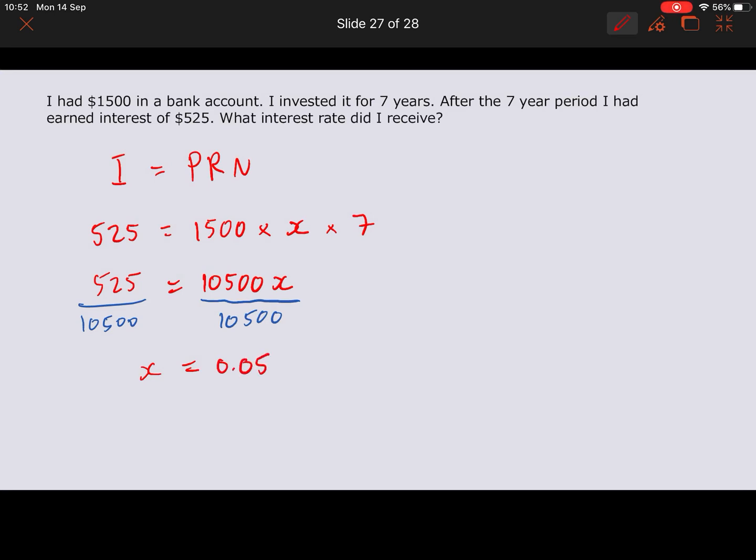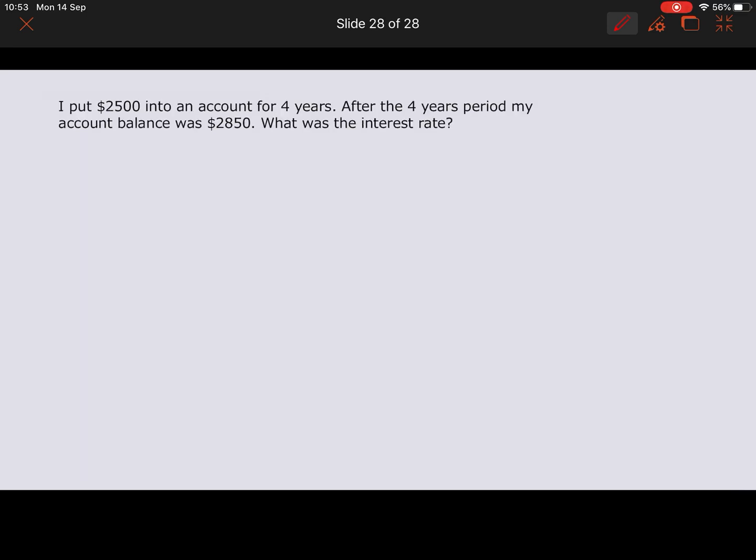And we have a calculator, so it's very easy, just throw that in your calculator. 525 divided by 10,500 equals 0.05. Now again, that's not the answer because this is your multiplier, okay? The interest rate would be, 0.05 represents a 5% interest rate. So I received 5% interest, okay?